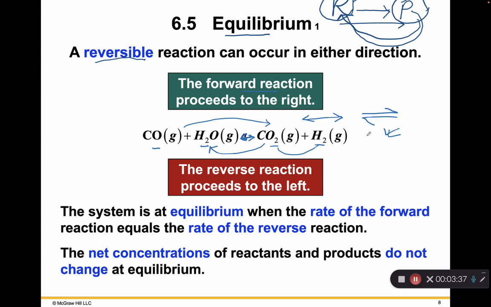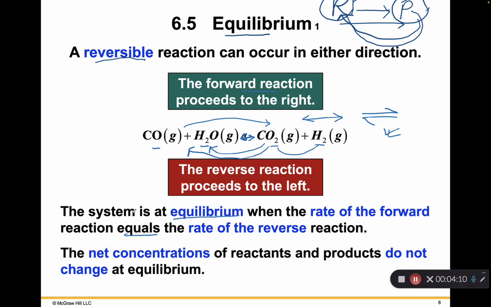Now when the rate of the forward reaction, the way the products are forming, is equal to the rate of the reverse reaction, the speed of the forward reaction and the speed of the reverse reaction are equal, so the rate at which reactant changes to product and product changes to reactant over time is equal, we have a special condition.